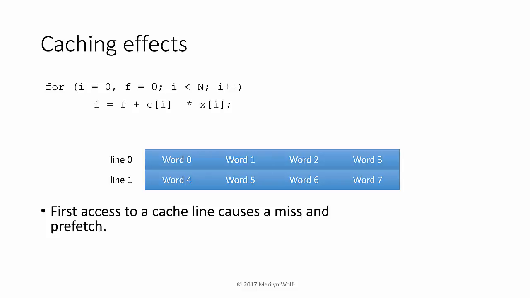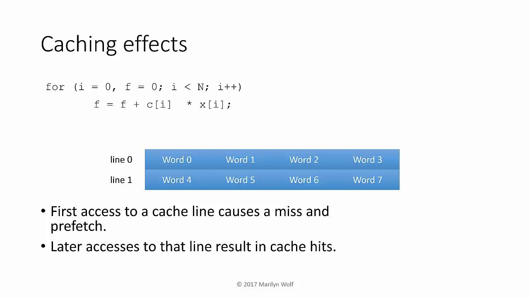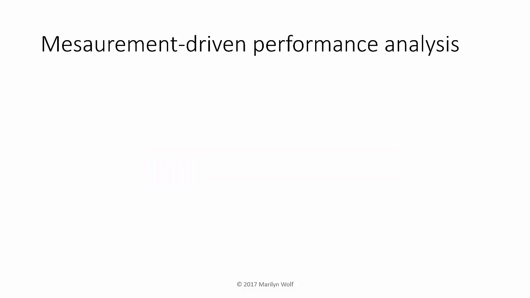Prefetching is an important aspect of computer system performance. Later accesses to that line can result in cache hits because we've prefetched the data. But that's only the case if that data has not been replaced by other data due to other operations that intervene in between.